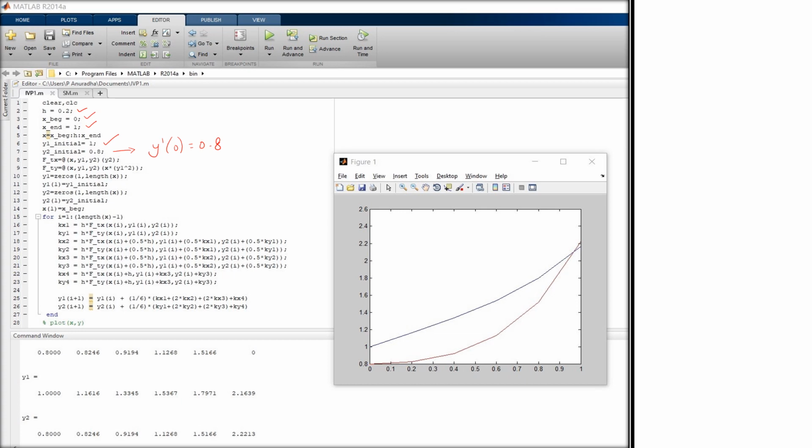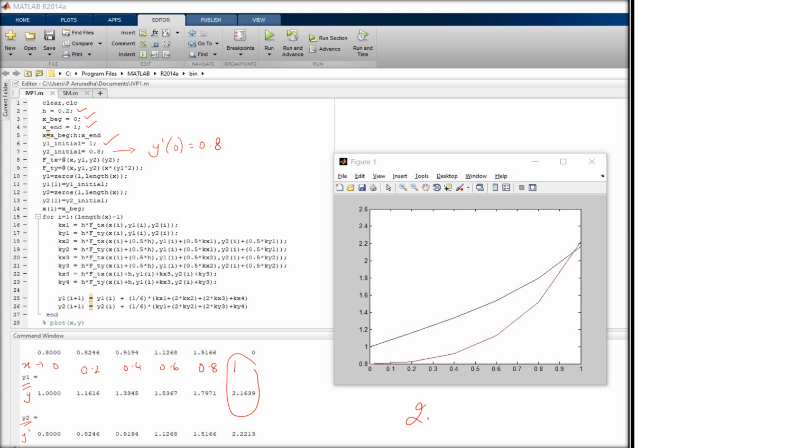What are your x values? The x values are 0, 0.2, 0.4, 0.6, 0.8, and 1. And y1 means y, y2 means y dash. We are interested in the y value at 1. And what are you getting? You're getting the value at 1 to be 2.16. So it's already crossed 2.